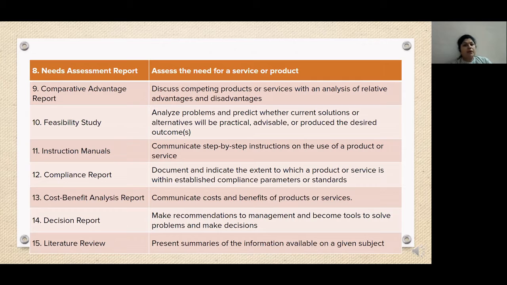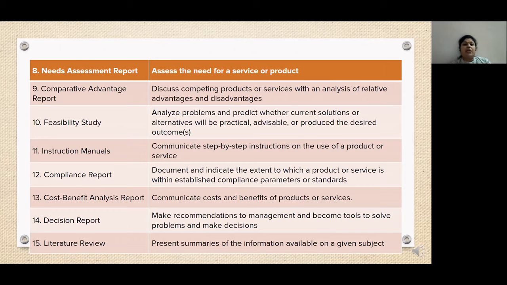So step by step instructions on the use of a product or a service, how you are going to install it, use it, or start it, whatever it is, are communicated through the manual.